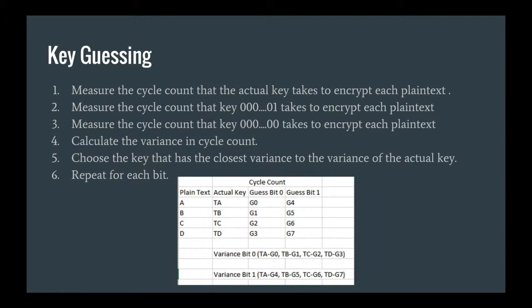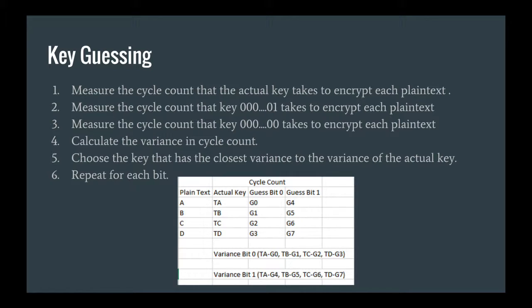To do the key guessing, we measure how many cycles it takes to encrypt one plaintext using the key. Then we guess that the bit of interest is 1, and we measure the cycle count. Then we guess the bit of interest is 0, and we measure the cycle count for that guess.